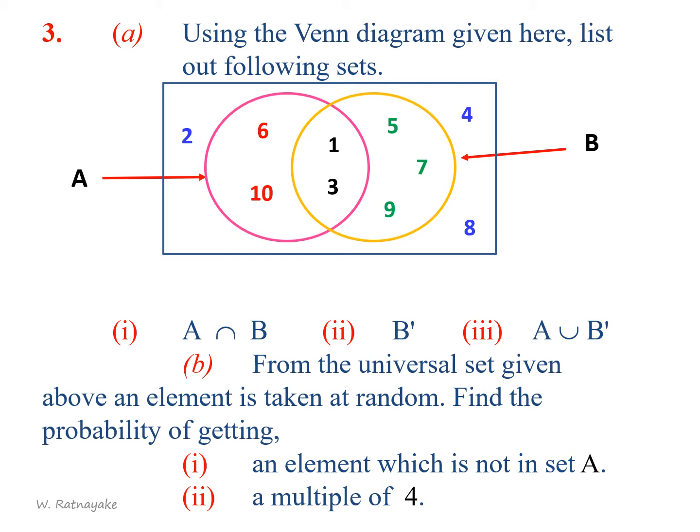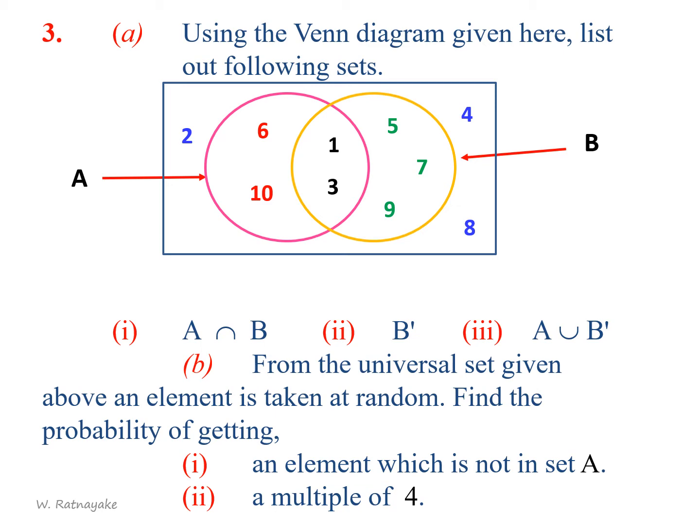Part B is, from the universal set given above, an element is taken at random. Find the probability of getting, number 1, an element which is not in set A. Part 2, a multiple of 4.